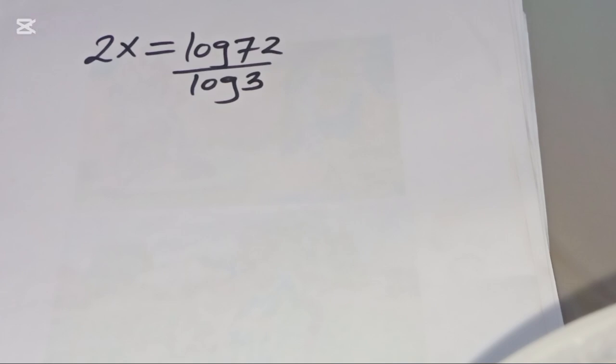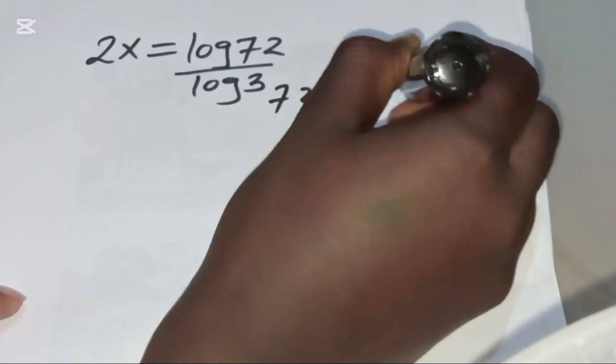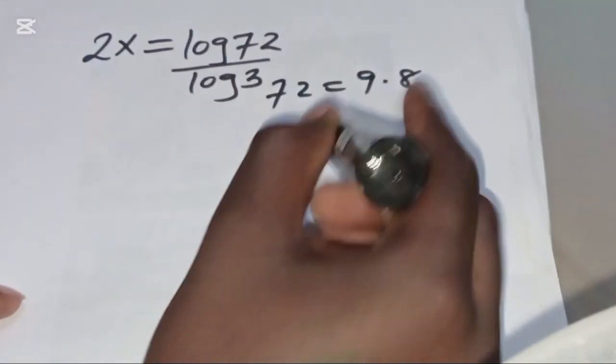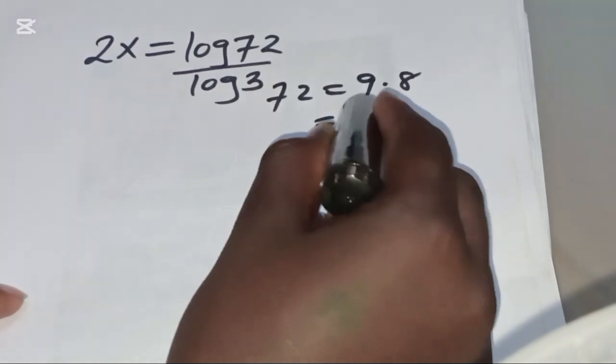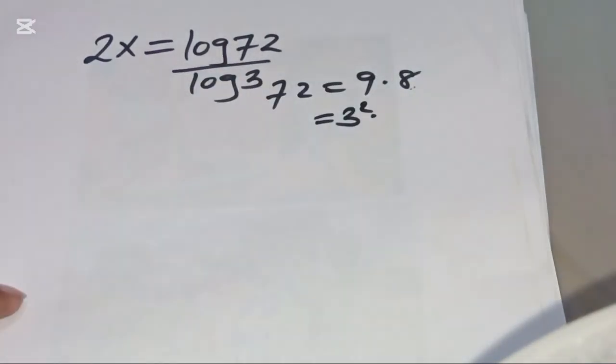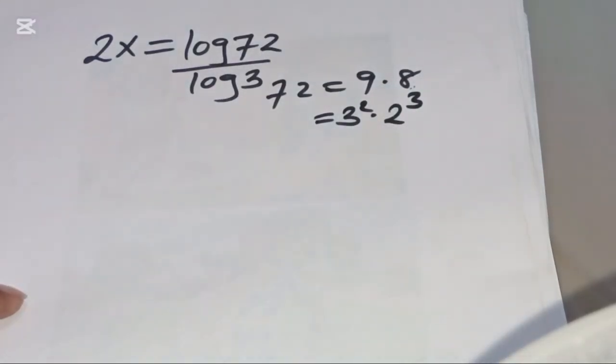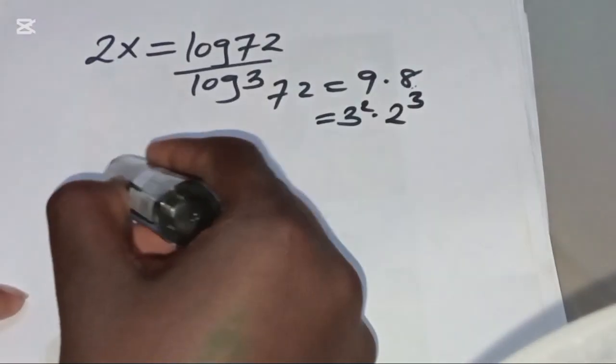We have 2x is equal to log 72 divided by log 3. We can express 72 as basically 9 multiplied by 8, whereby 9 can be expressed as 3 to the power 2, and 8 can be expressed as 2 to the power 3.